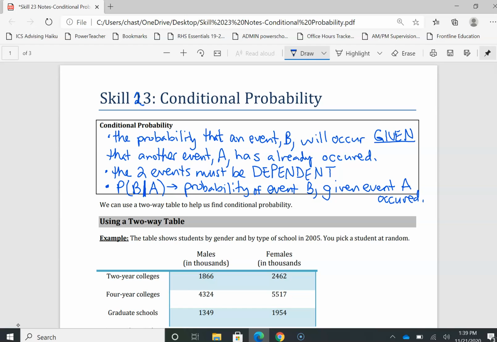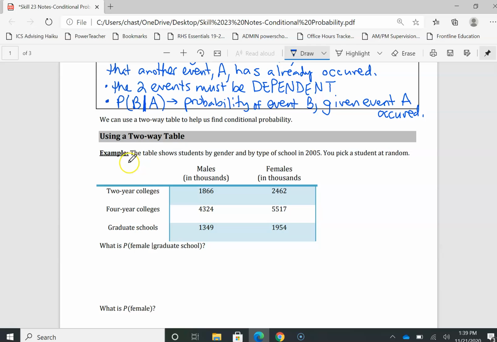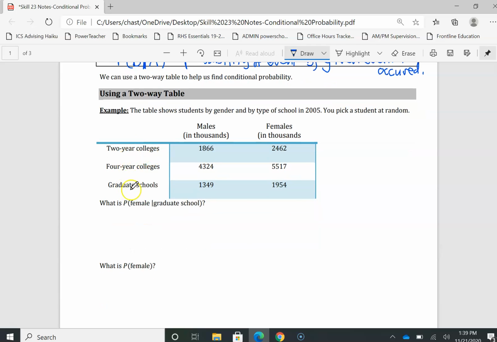Okay? So a two-way table is very helpful when helping us find conditional probabilities. A two-way table means we've got two types of categories. In this case, it would be types of colleges, and males and females, so gender.